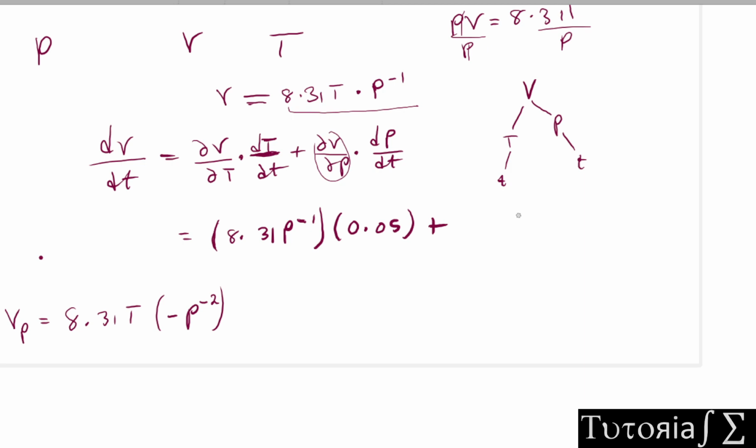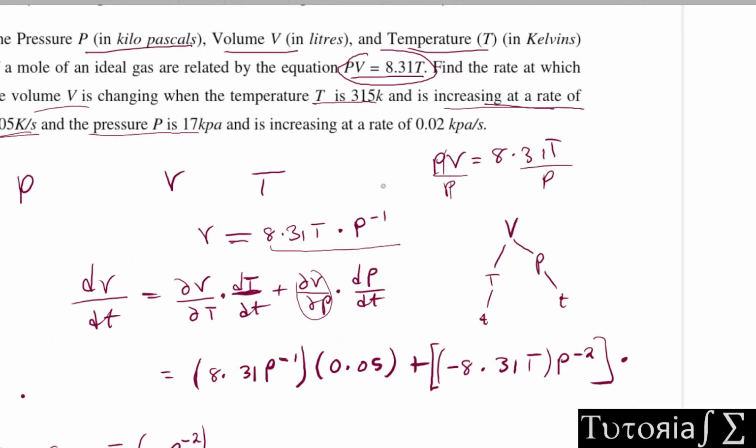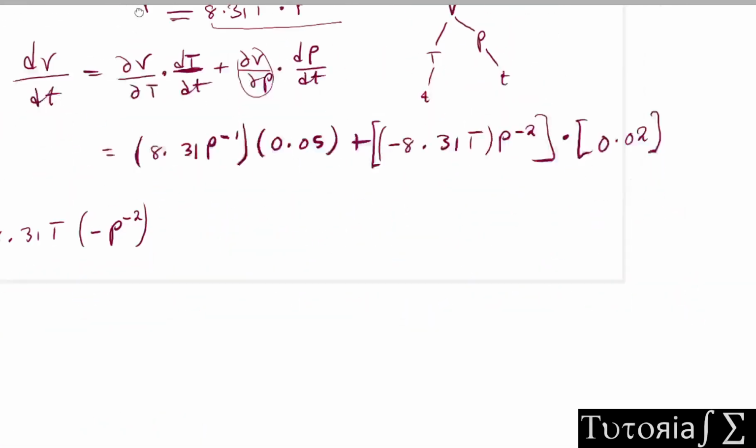So that will be the derivative, negative 8.31T times P to the negative 2. Then times the P dt, pressure with respect to time. So pressure is also increasing at that rate, which is 0.02. So now we just simplify everything.